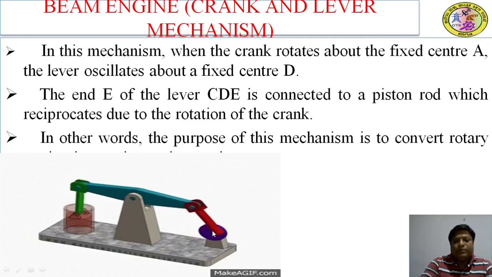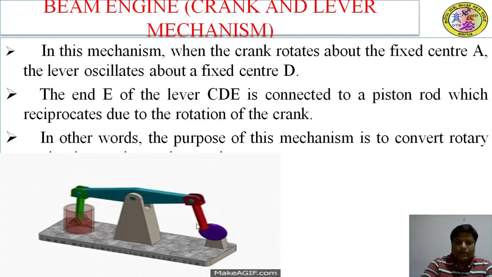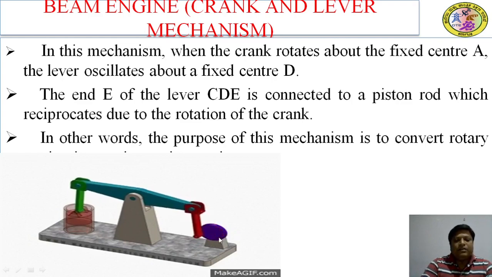The crank was rotated by hand, but nowadays it is rotated by belt drives or a motor. The lever is pivoted at the fixed center D. At the end of the lever is the piston and cylinder arrangement, where the piston moves to and fro while the crank rotates, either in the clockwise direction.